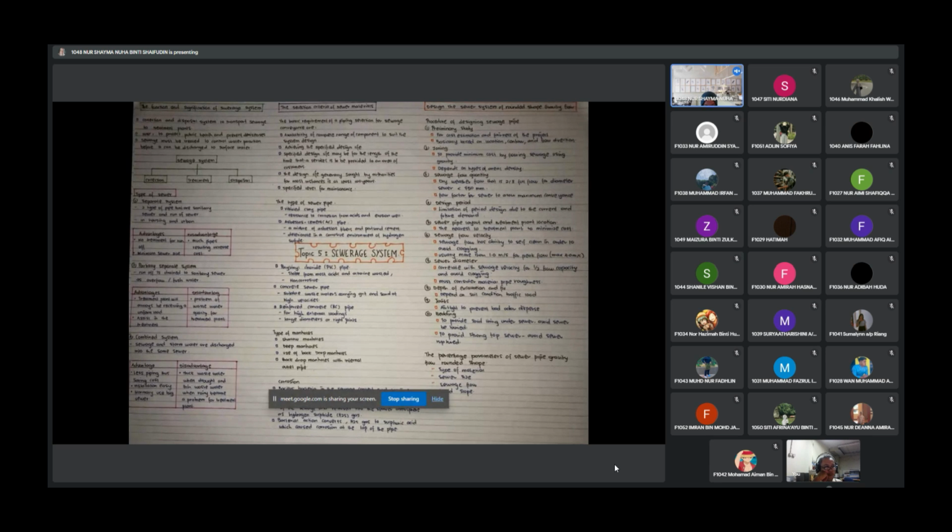Seterusnya the selection criteria of sewer materials, availability of complete range of component to suit the system design, is achieving the specific design life. And then seterusnya kita akan jumpa the type of sewer pipe. So dia punya type ada vitrified clay pipe, ada asbestos, ada polyvinyl chloride, ada concrete sewer pipe, ada reinforced concrete. Then seterusnya type of manhole, ada shallow manhole, ada deep manhole, use of backdrop manhole, ada backdrop manhole with internal outlet pipe.